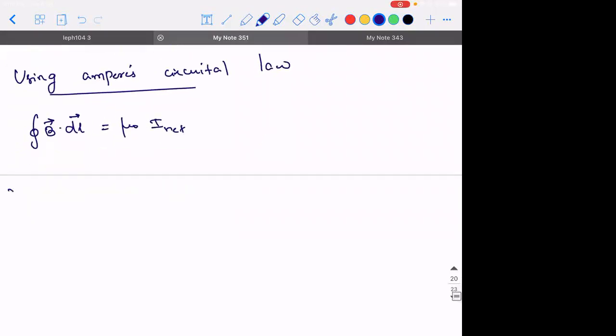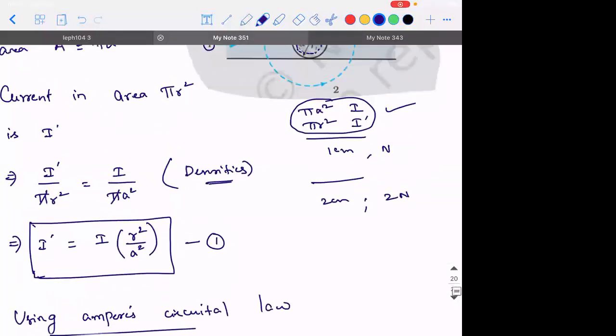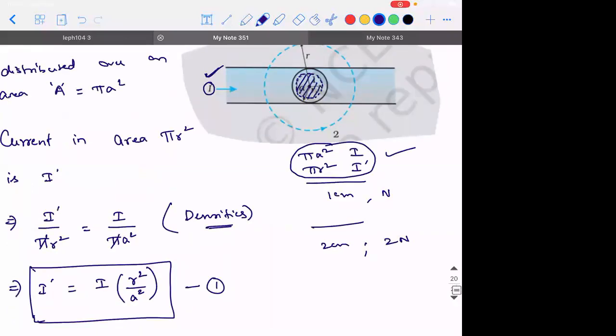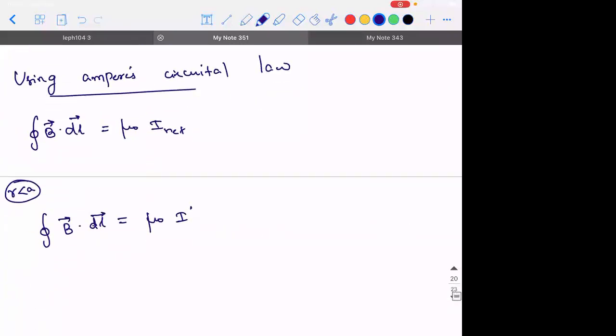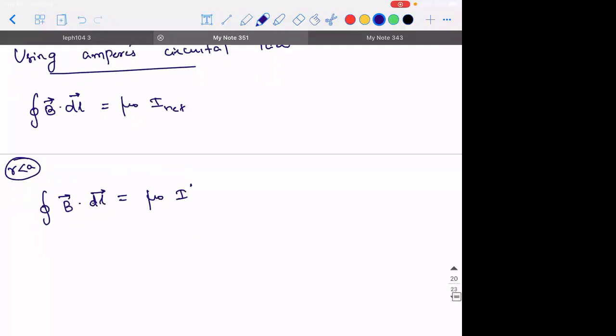For R less than A, the line integral of B vector dot dl vector will be equal to mu naught into I dash, because I dash is the current that is confined to this area. That is why I wrote I net is equal to I dash.